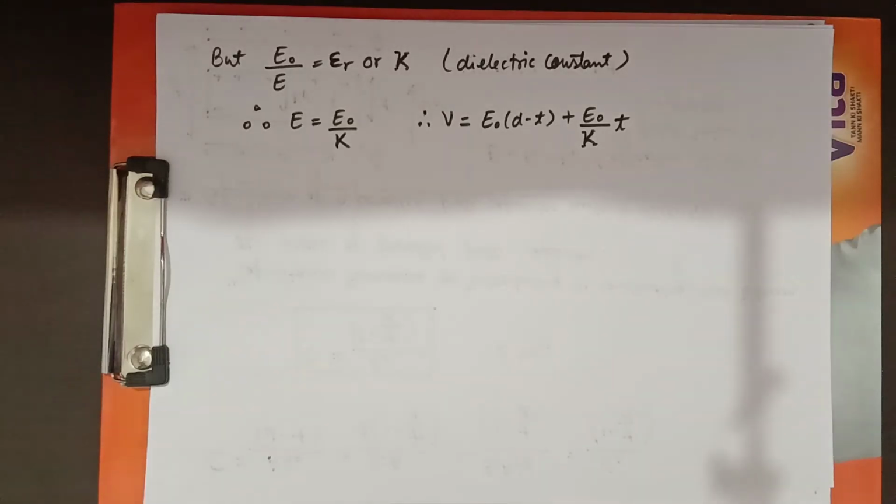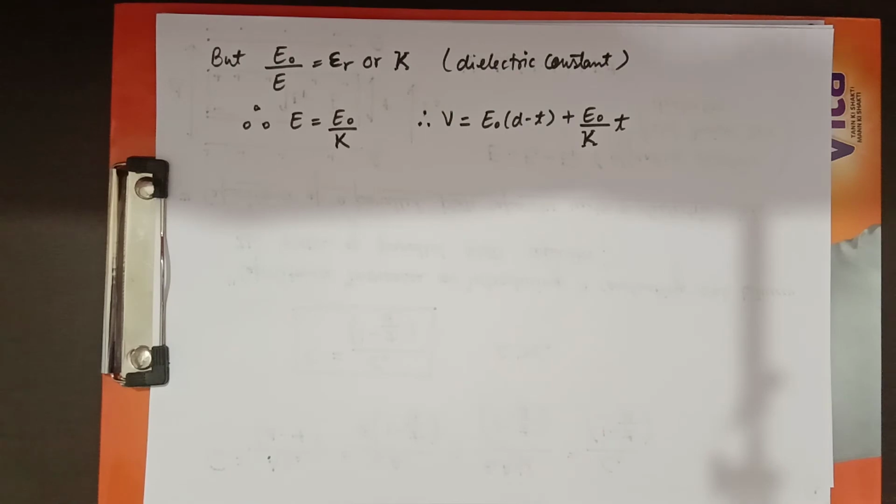But we know the ratio of E naught divided by E, that is electric field in vacuum divided by electric field in any medium, is equal to relative permittivity, or dielectric constant. So I can write E is equal to E naught divided by K. So the equation becomes V is equal to E naught (D minus T) plus E naught by K, where K is the dielectric constant, into T.